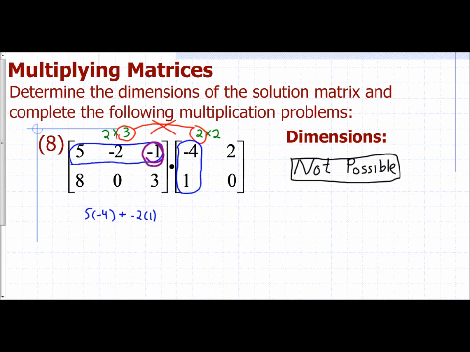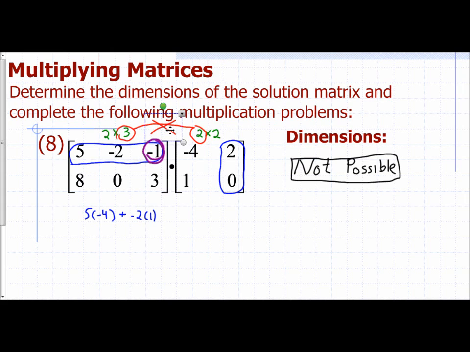Even if I were to take the first row by the second column, 5 times 2, -2 times 0, there's still no third number to multiply that -1 by. And so since we can't follow the process of multiplying the numbers in the row of the first matrix by their corresponding positions in the columns of the second matrix, there's a gap there, so it's not possible to do.